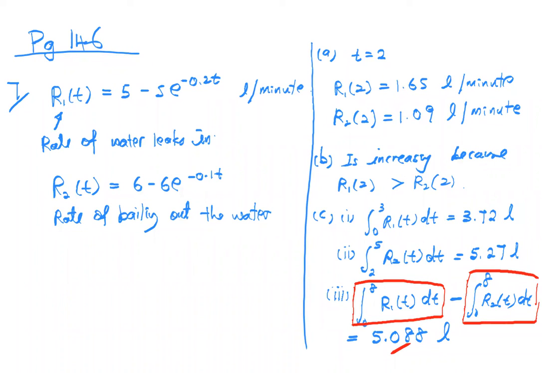So now part D, after 10 seconds, what you do? You just integrate from 0 to 10, R1(t) dt minus R2. Okay, you can do it together. Don't have to separate.